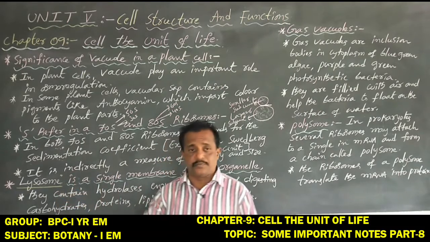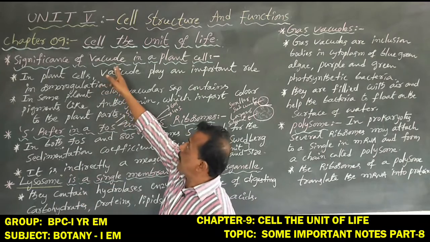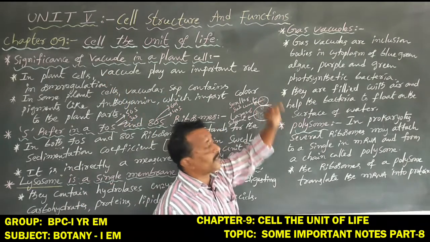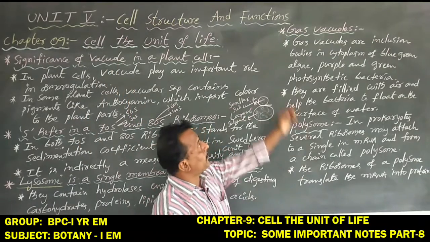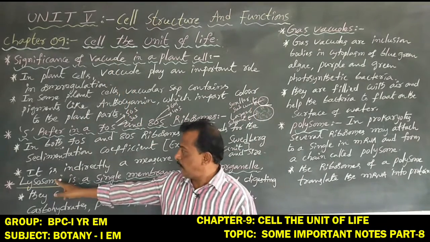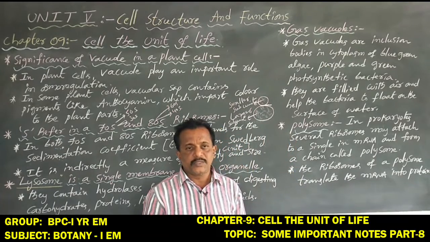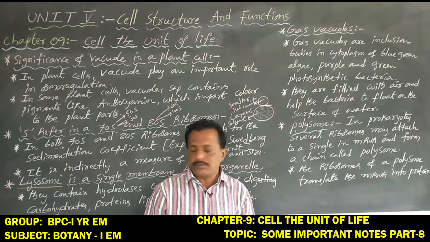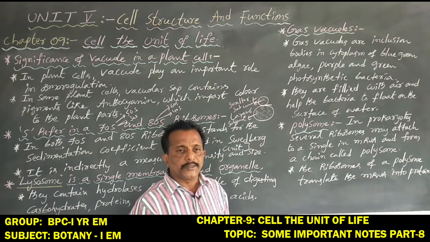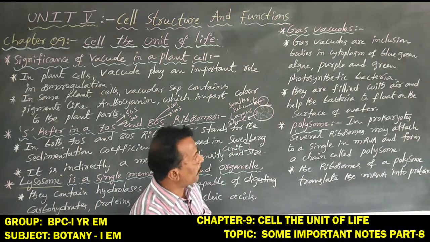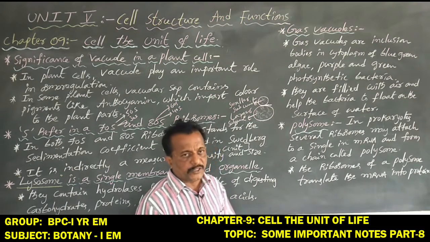This is a lysosome, this is a polysome, this is a vacuole, and this is a gas vacuole. Lysosomes are mostly present in eukaryotic organisms, and polysomes are mostly present in prokaryotic organisms.